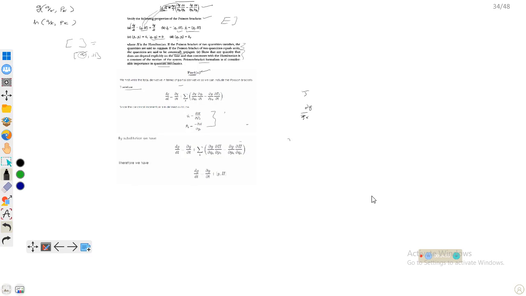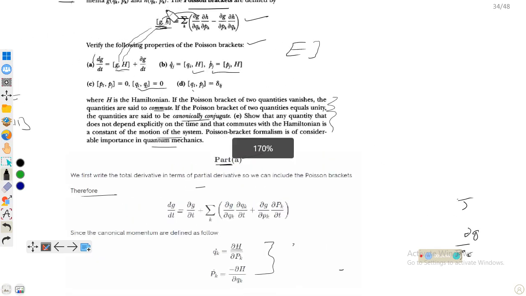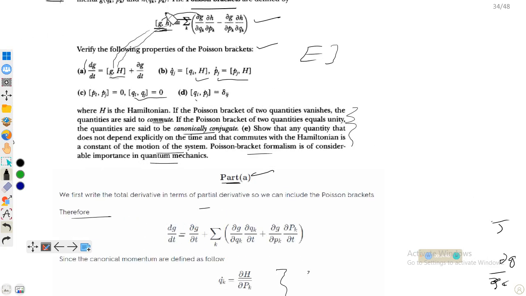Now you can see here that we are given an equation in the statement. You can just use this definition to write the commutator of any two operators.